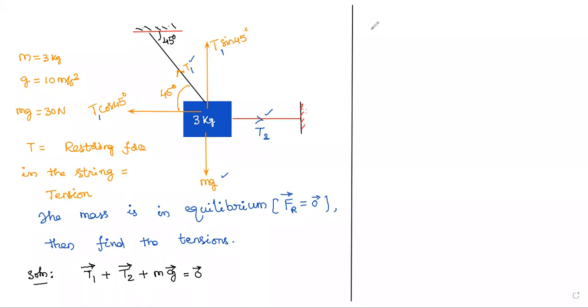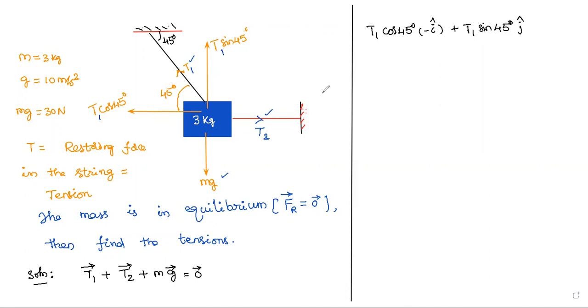So T1 bar, I am writing like T1 cos 45 along the negative x-axis, minus I cap. And its other component is T1 sin 45, that is along the positive y-axis, positive y-axis means plus j cap.